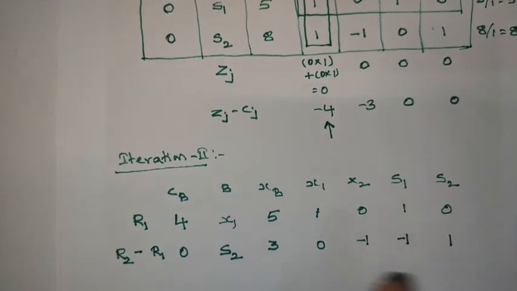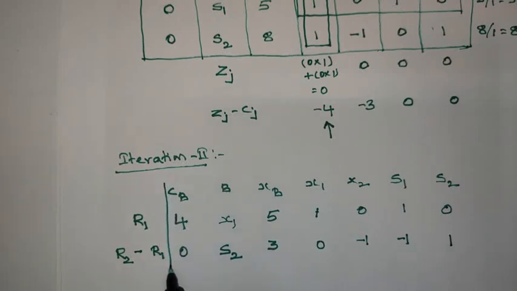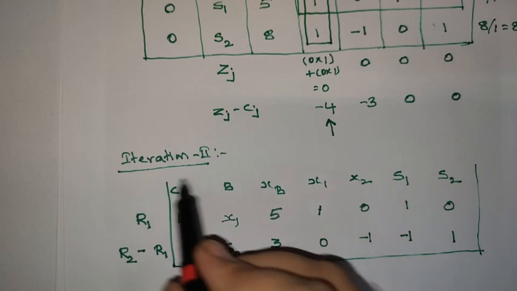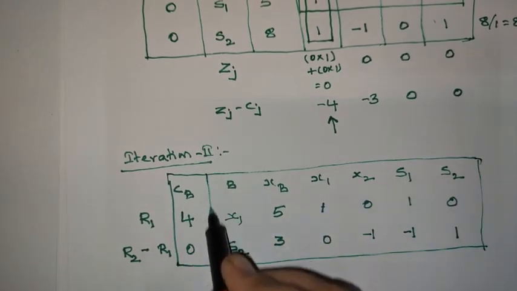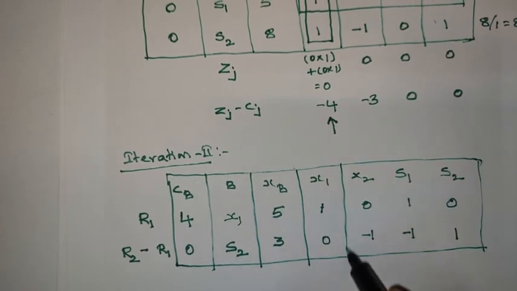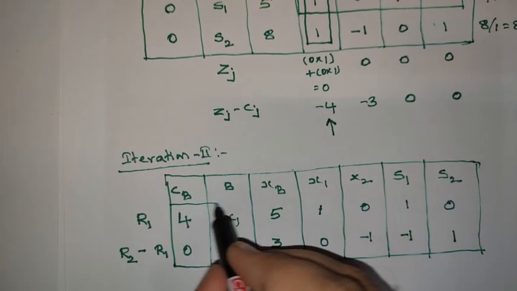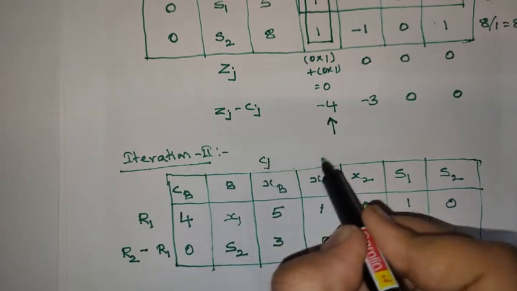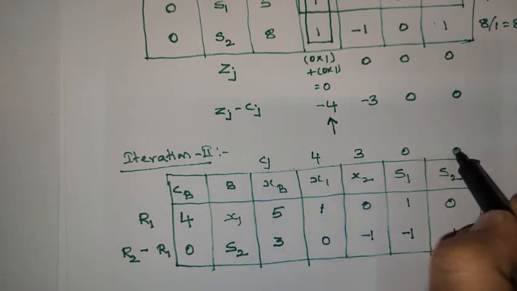So now form this as a table. So what are the Cj values? 4, 3, 0, 0.